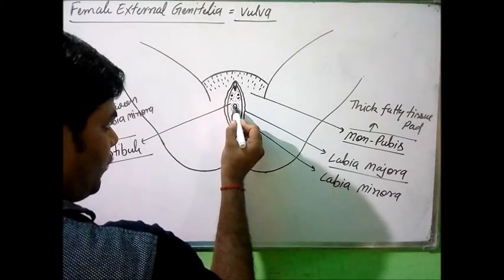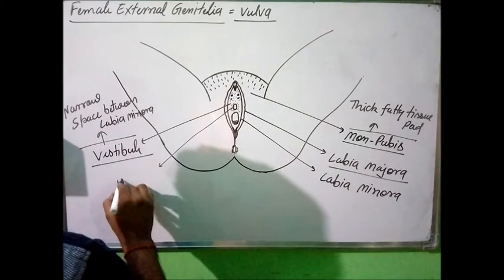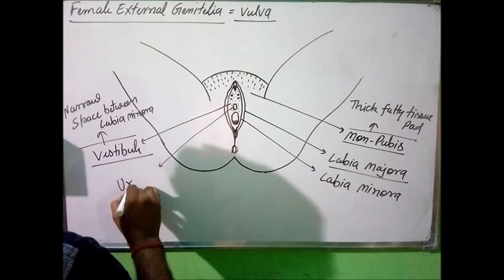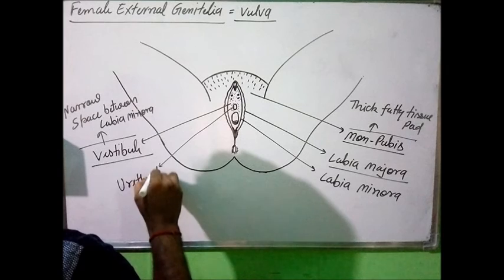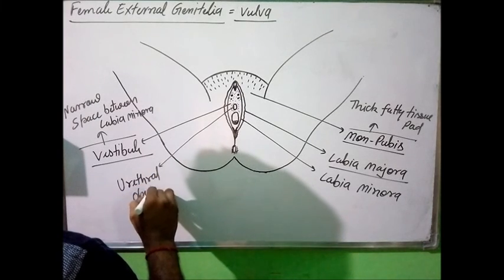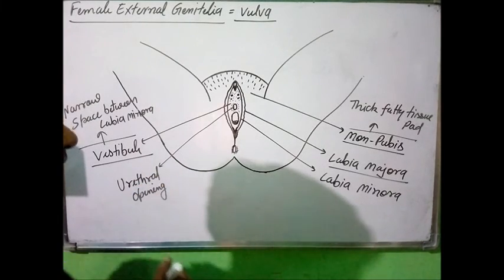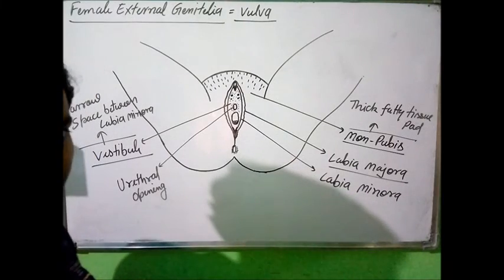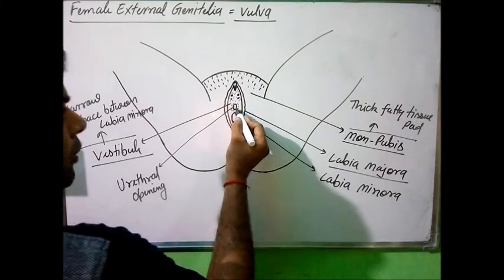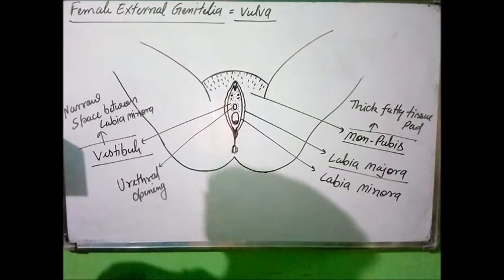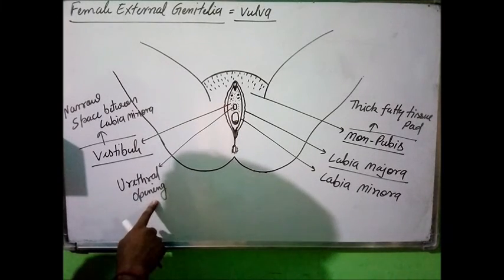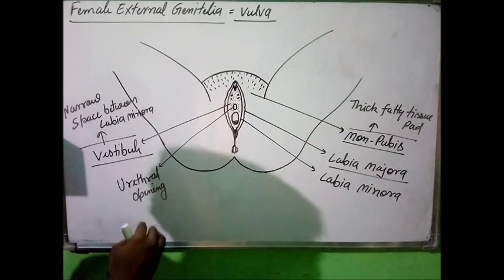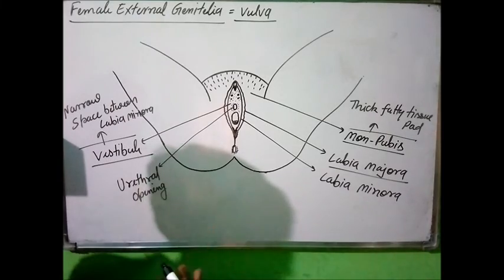So you can see one opening is here, which is the urethral opening. Urethral opening means the urethra which is coming from the urinary bladder is going to open here, and in more technical term it is called urethral orifice. Okay, so urethral orifice or urethral opening are the same.